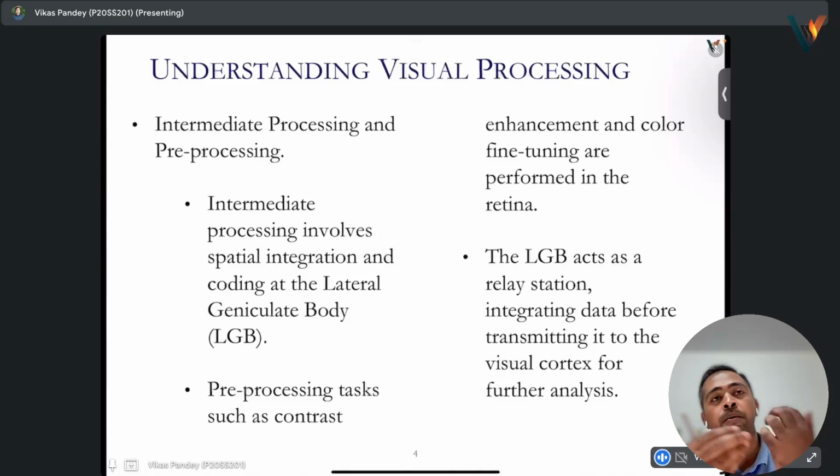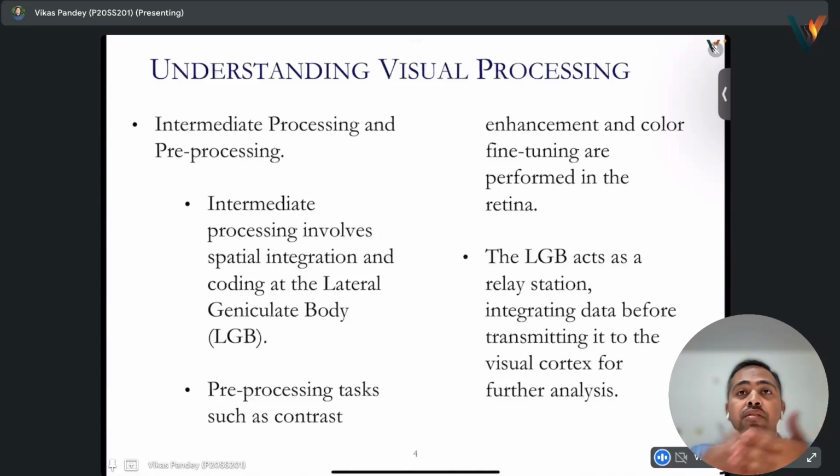If we see it like a computer system, the eyes are a sensor. They detect the data. Some part is processed here itself, because when we talk about sensors, say one is receiving in analog form and some digital conversion is happening. Very similar to that, our eyes receive visual information in the form of light, photons.